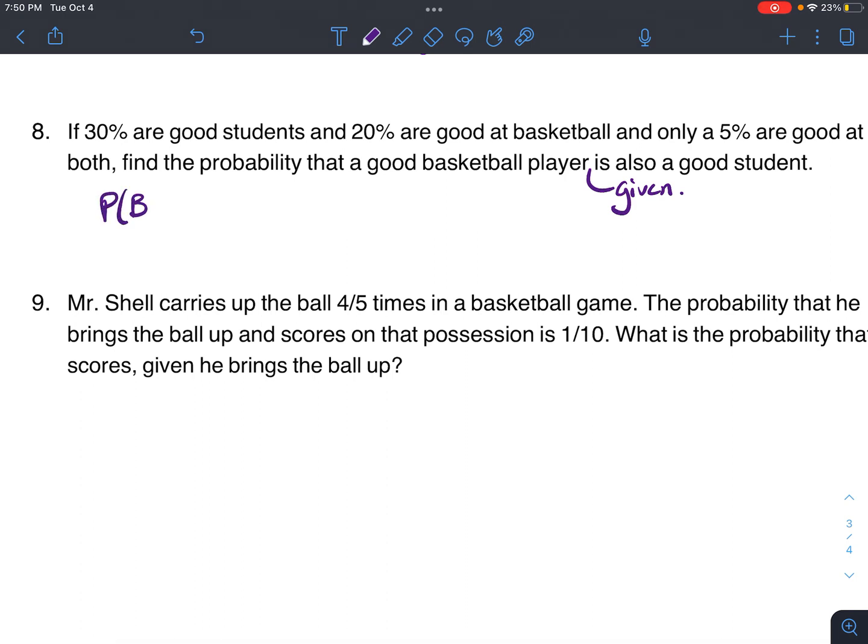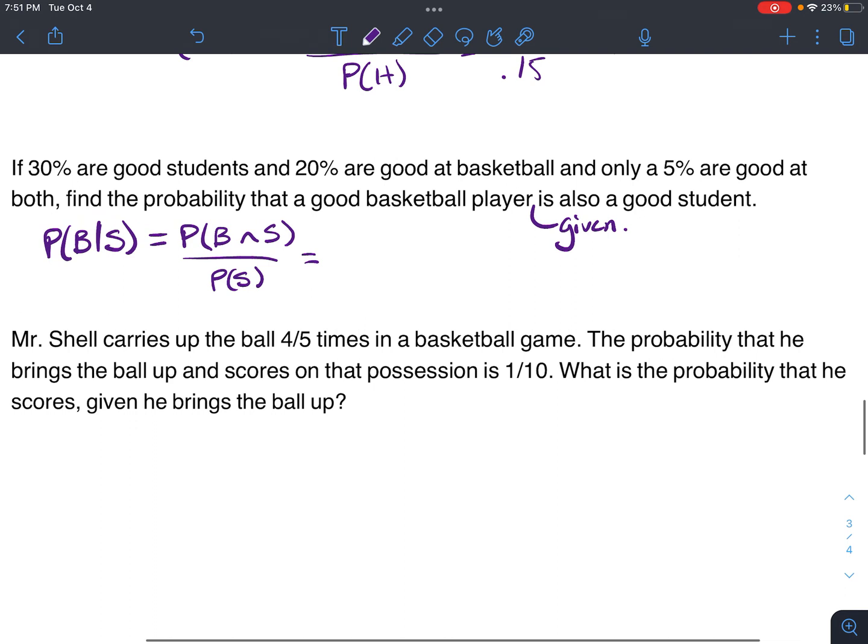So it's our probability of basketball given good student. So it's the probability of basketball and a good student, good at basketball and good student, over the probability of a good student. So the probability of basketball and student is this 5%, so 0.05, over the probability of good students, which is, oh my goodness, sorry, 0.3.